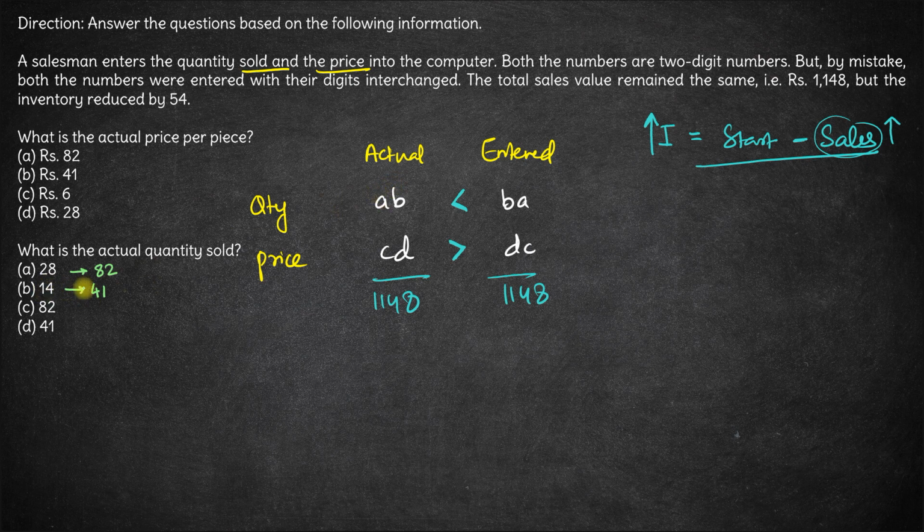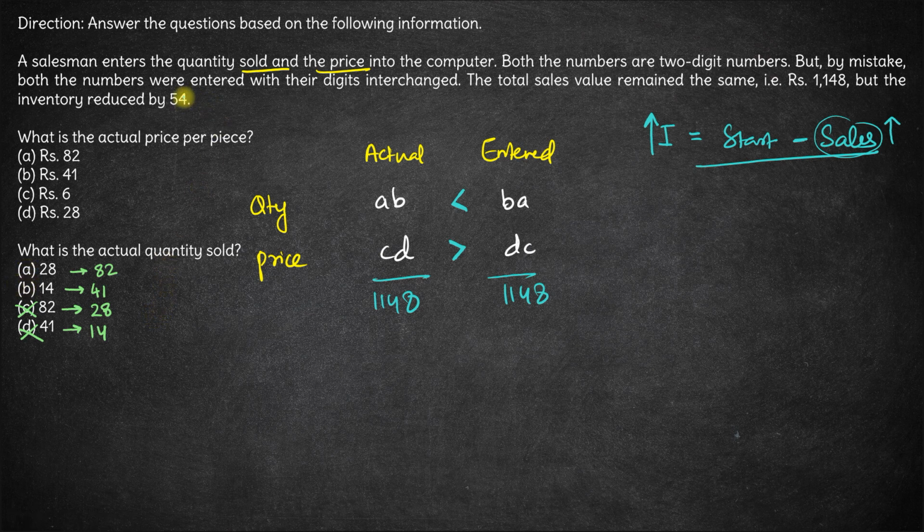Actual quantity 14 is less than the entered quantity. Here the entered quantity must be 28. This can be outrightly rejected. Actual quantity has to be less than entered quantity, which is not the case here, and the same is the thing here. Actual quantity 41 is more than the entered quantity, which is not the case, so this is also rejected. So we have only these two options remaining.